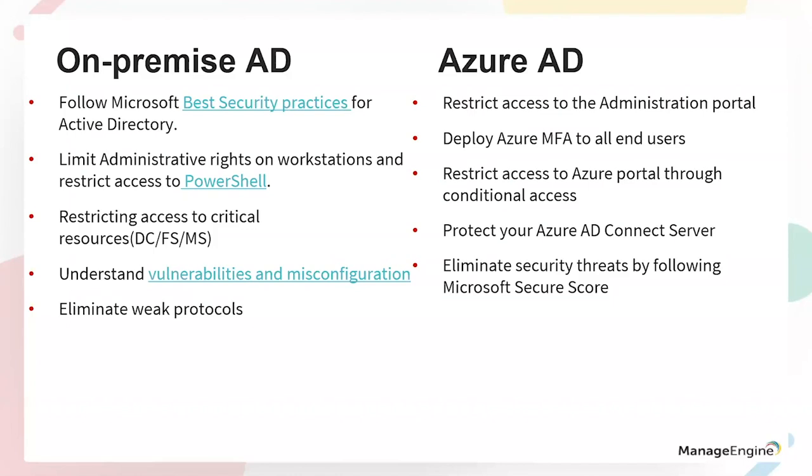So for your on-premise AD, please follow best practices for Active Directory. Limit administrative rights on workstations and restrict access to PowerShell, restrict access to critical resources, eliminate weak protocols such as NTLM or any other protocols which Microsoft themselves say are not valid anymore. You need to beef up your security, and you have to understand vulnerabilities and misconfiguration. And on the other side, when you deal with Azure AD, please restrict the admin portal access to non-administrative users, but watch out that the login can also be done using PowerShell.